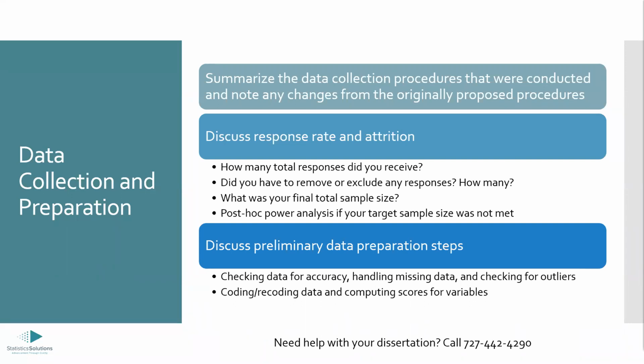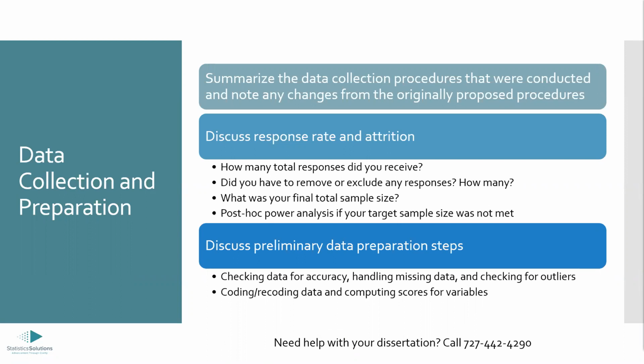You may get to your data collection phase and find that you're not able to get the number of participants that you were aiming for based on your power analysis. So if this is the case, then you may need to conduct a post hoc power analysis to determine the statistical power of your study if your sample size fell short of that target number.